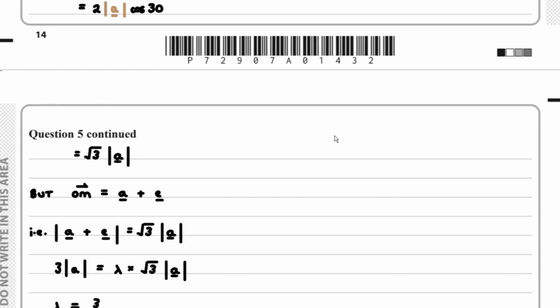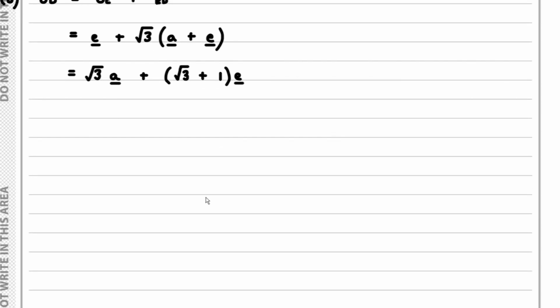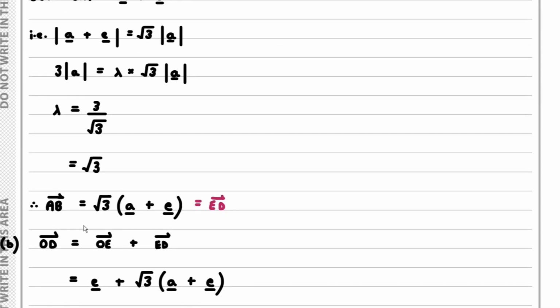So RB will equal 2/3 times by AB, and that's because we've got the ratio 1 to 2. Now the vector AB we've worked out here.